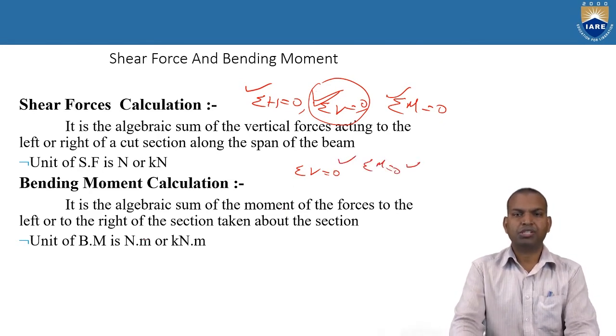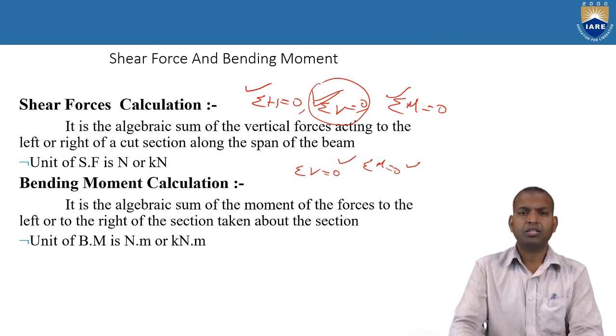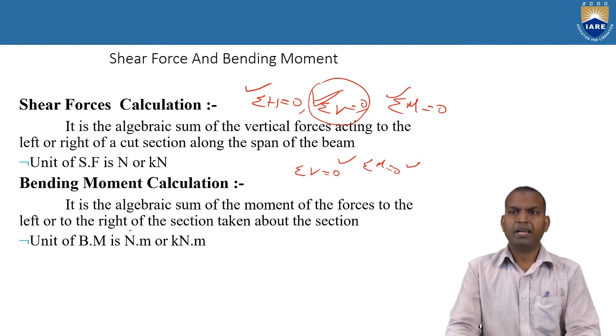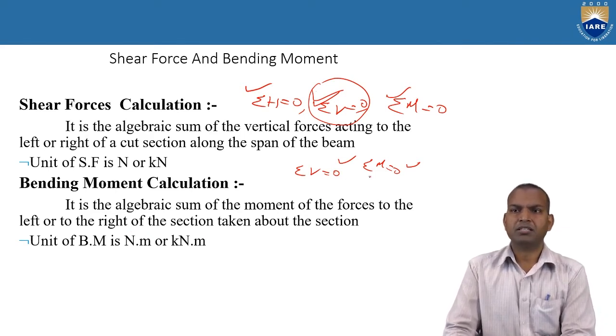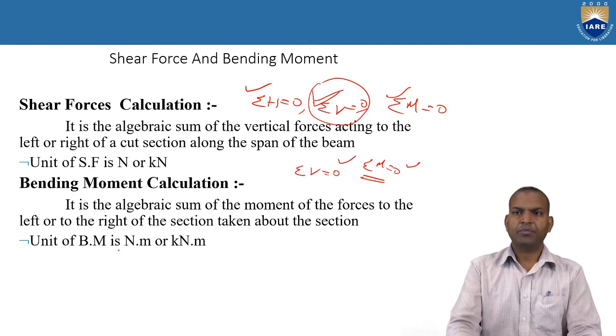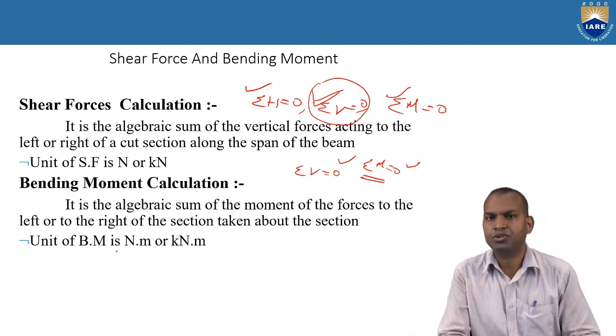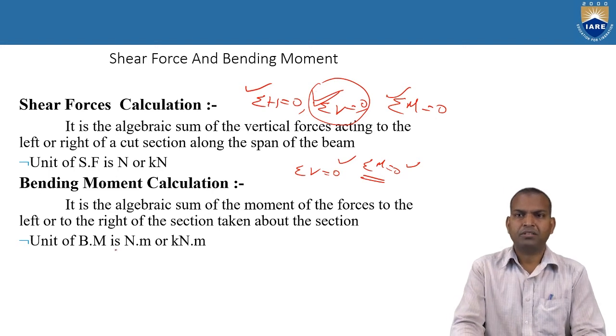We frequently use these two equations. For the bending moment equation, we consider sigma M equal to 0, which means the algebraic sum of the moments of the forces to the right or left of the section, taken about the section.